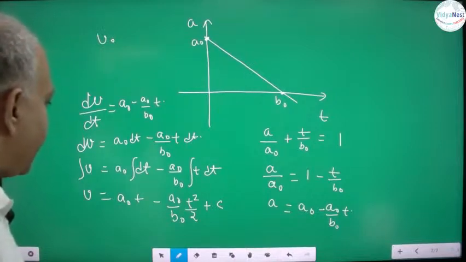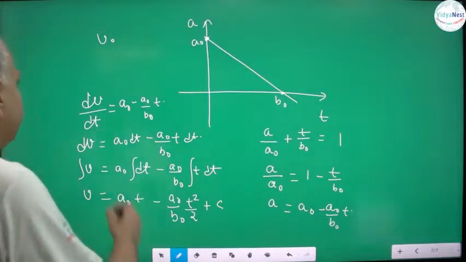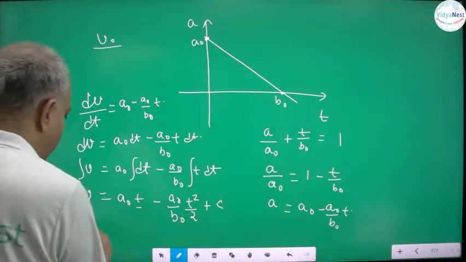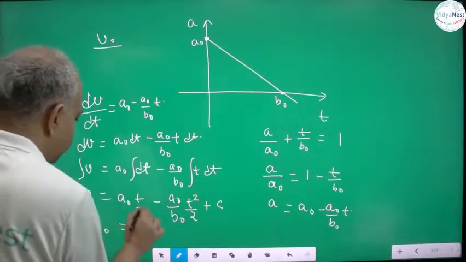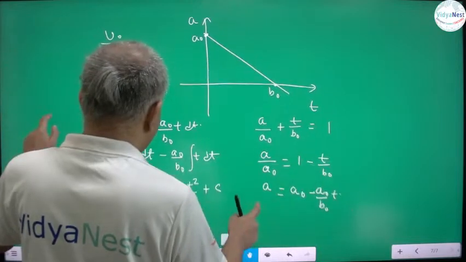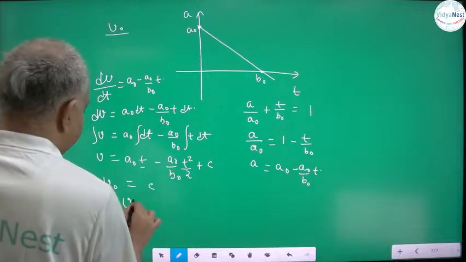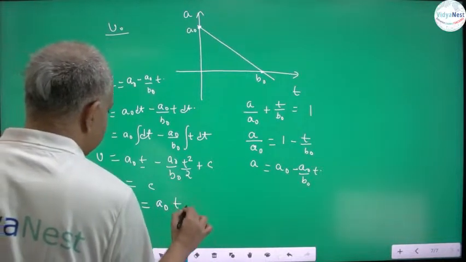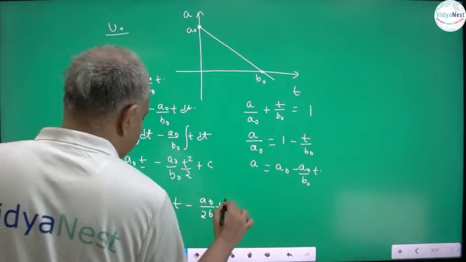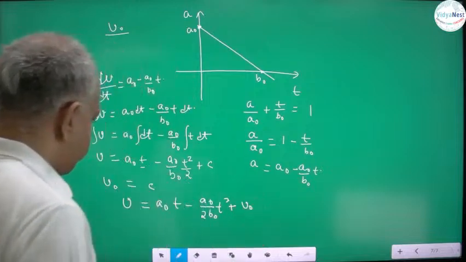If I put time 0, we get v naught is equal to c, because the other part becomes 0 as t is there. So the expression of the velocity is v is equal to a naught t minus a naught by 2 b naught t square plus v naught.